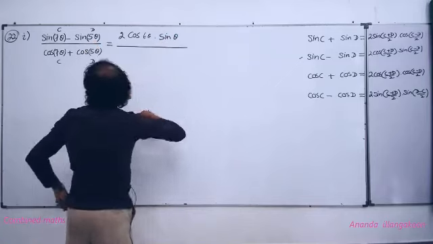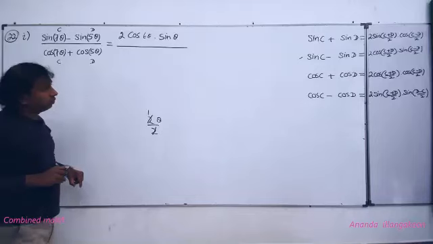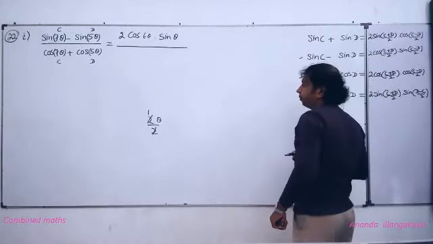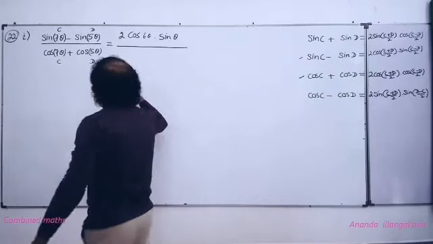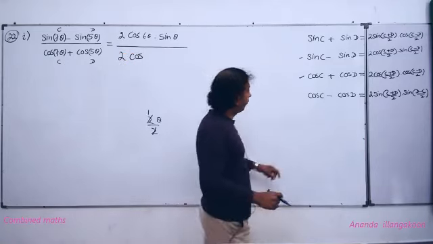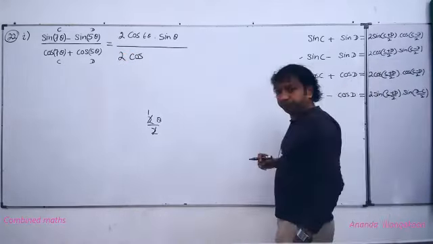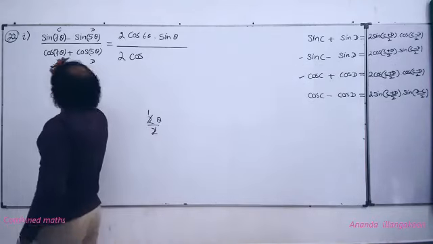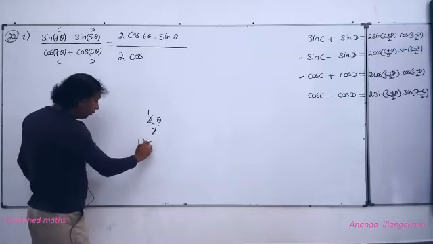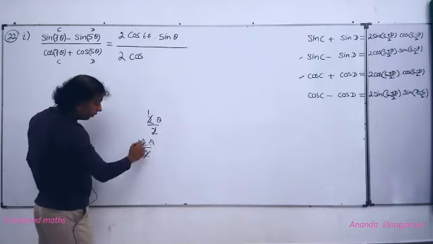Numerator done. Now come to the denominator, cos C plus cos D. What is the formula? This one, with cos coming. Then we get 2 cos, and the first angle is C plus D by 2: 7 theta plus 5 theta is 12 theta, divided by 2 gives 6 theta.